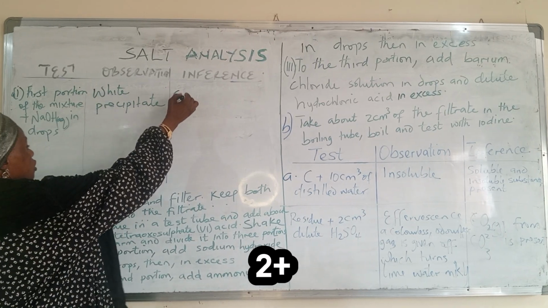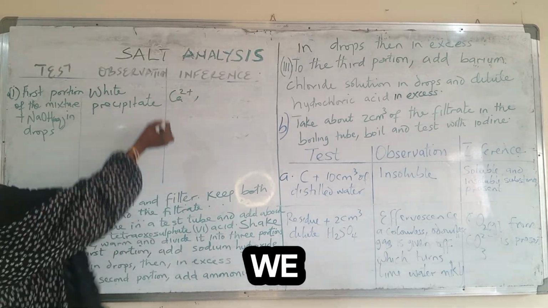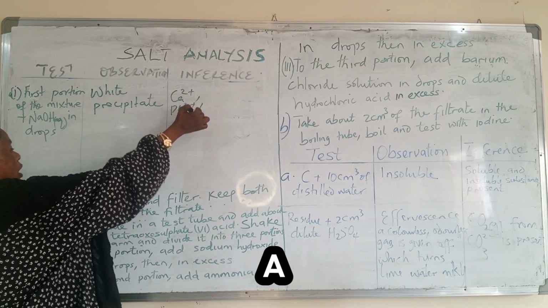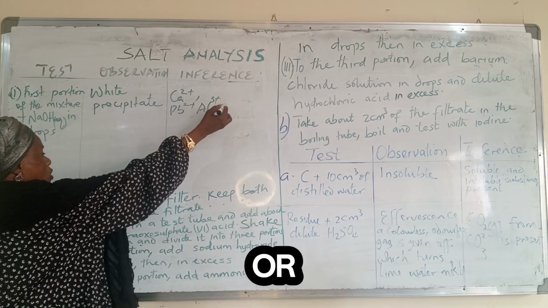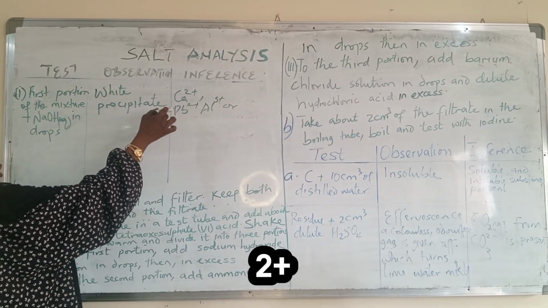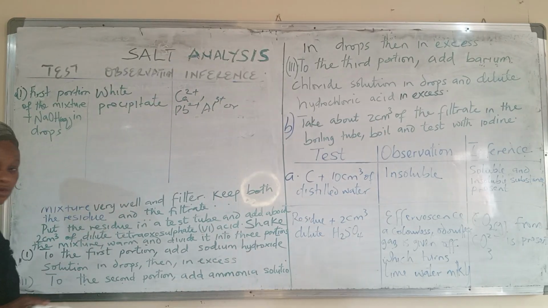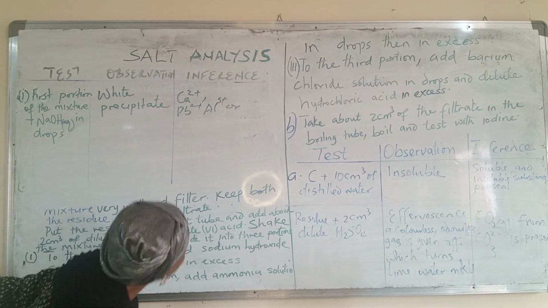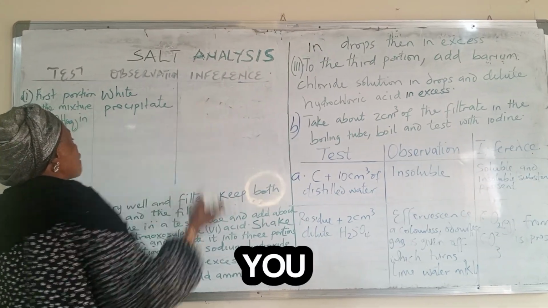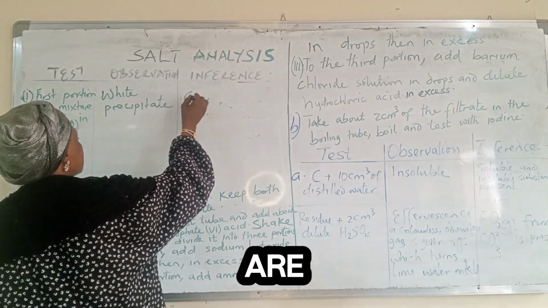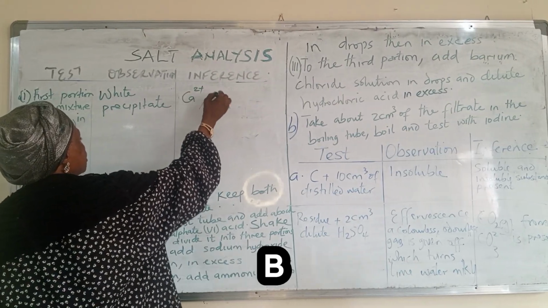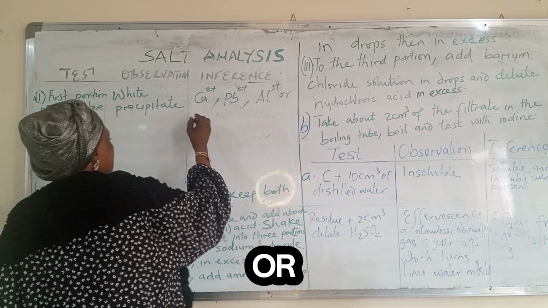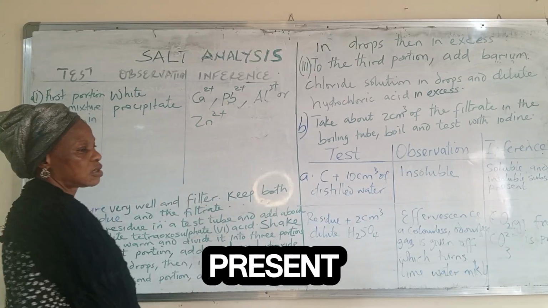We have Ca2+, Pb2+, and Al3+, or Zn2+. So if you have a white precipitate, the salts present are Ca2+, Pb2+, Al3+, or Zn2+.